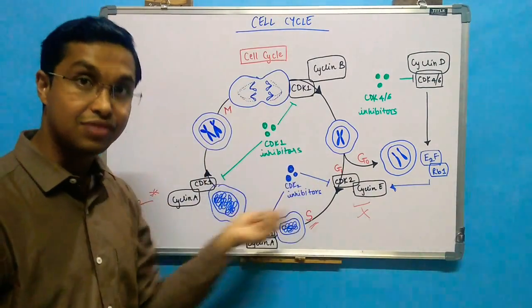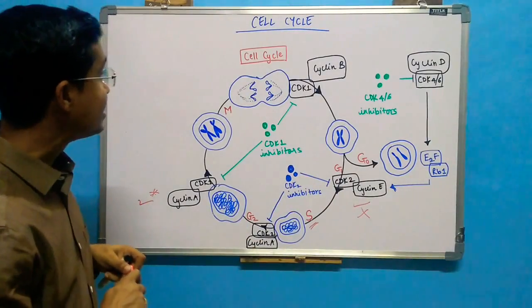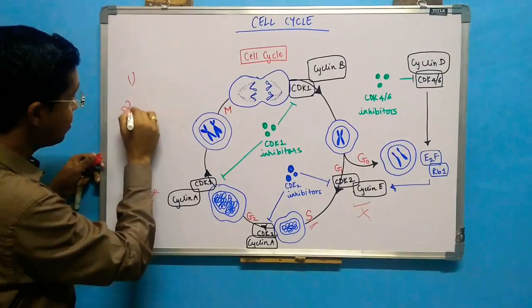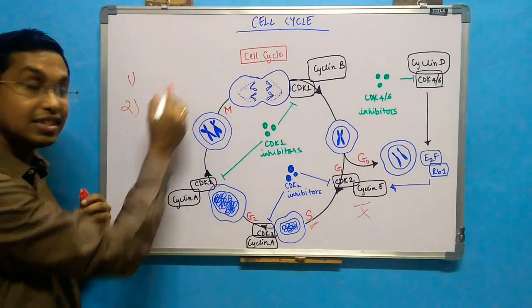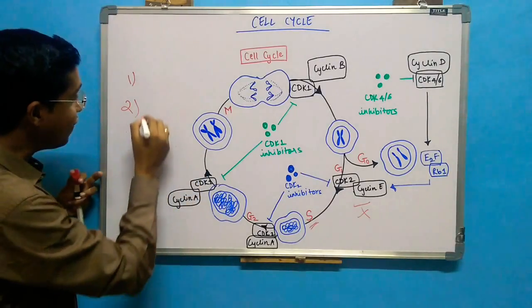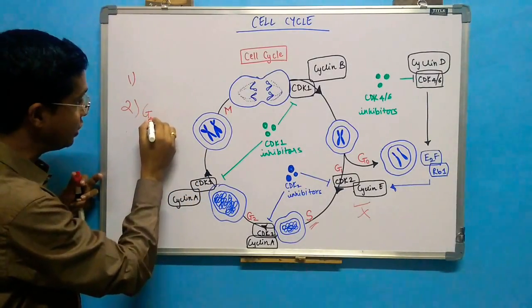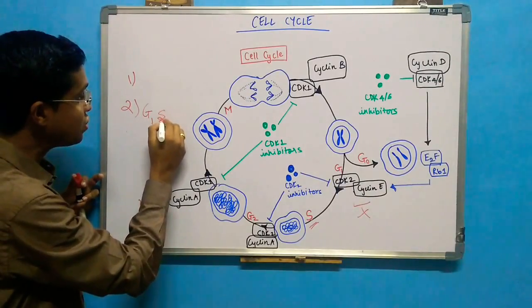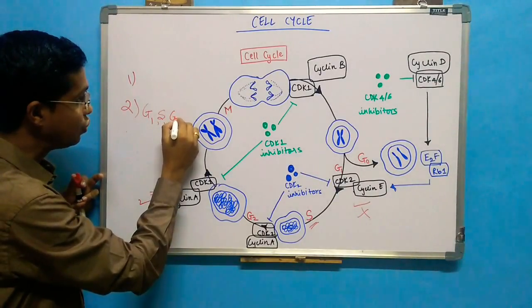So basically we will revise it once again. Cell cycle is basically divided into two main phases, mitosis and interphase. Okay, interphase is in turn divided into G1 phase, gap 1 phase or growth 1 phase, synthesis phase and G2 phase.